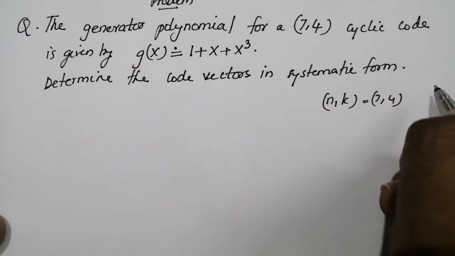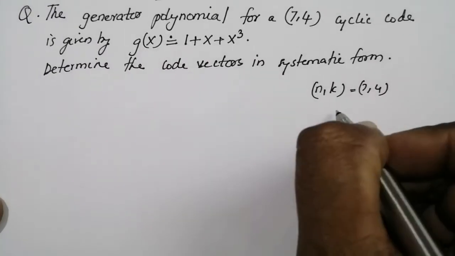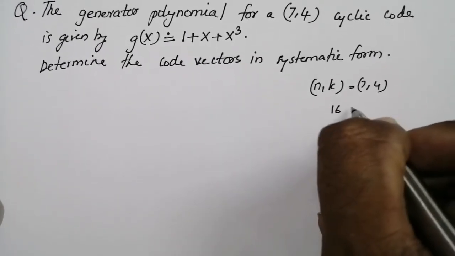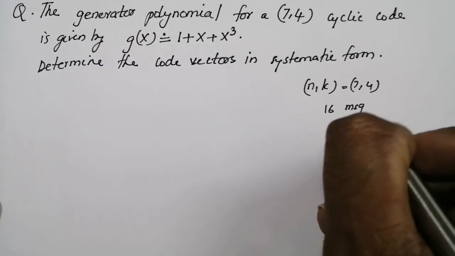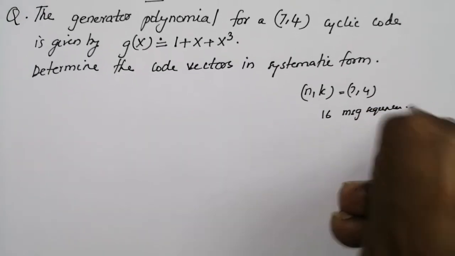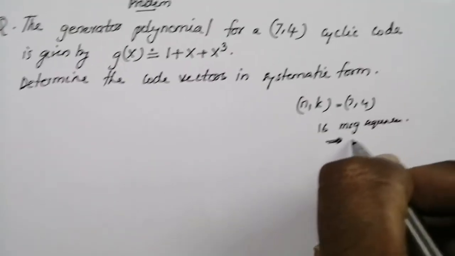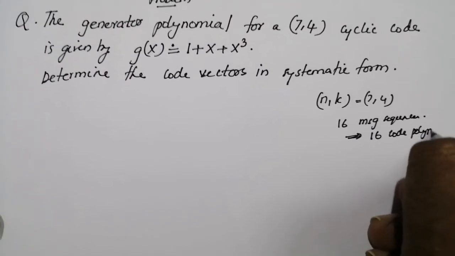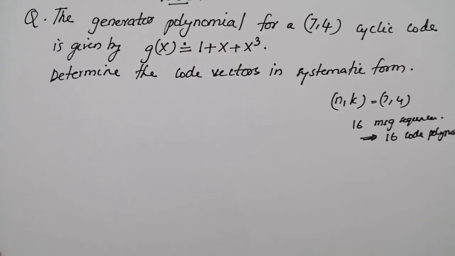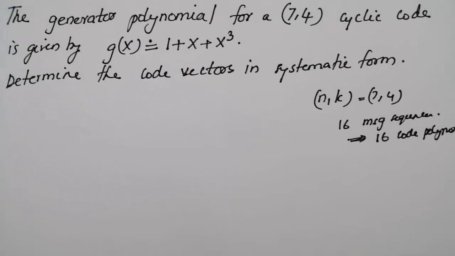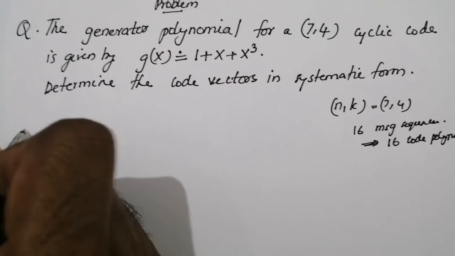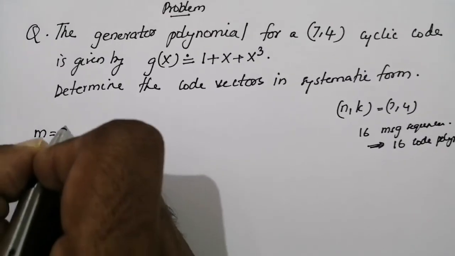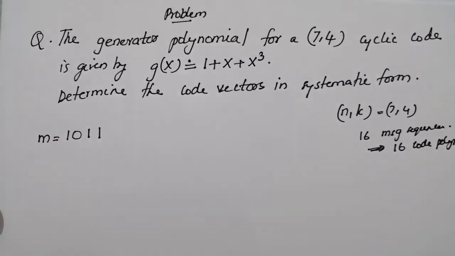So there are 4 message bits, so there are a total of 16 message sequences. That means there are 16 code polynomials. For the sake of illustration, I am considering a message sequence, say m equal to 1, 0, 1, 1.